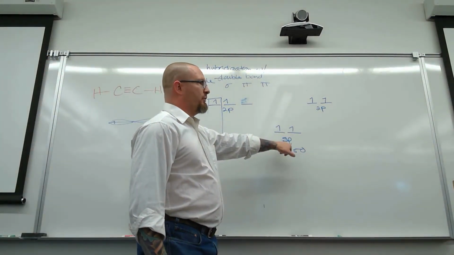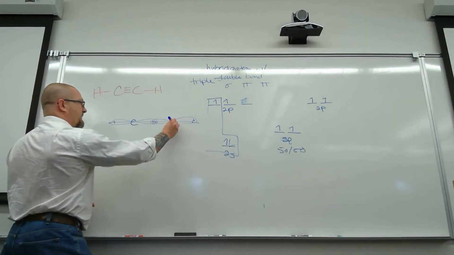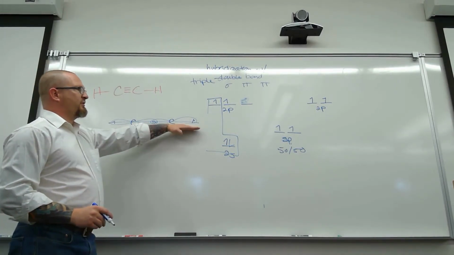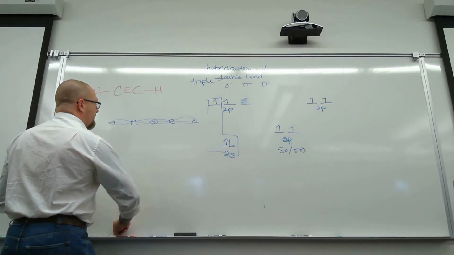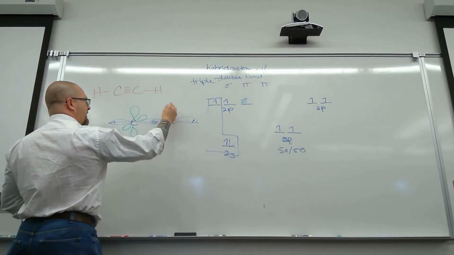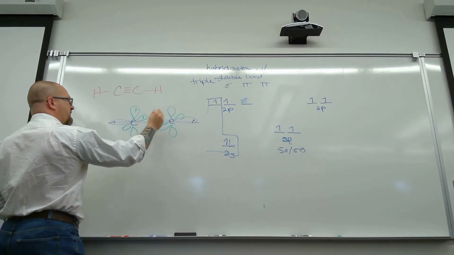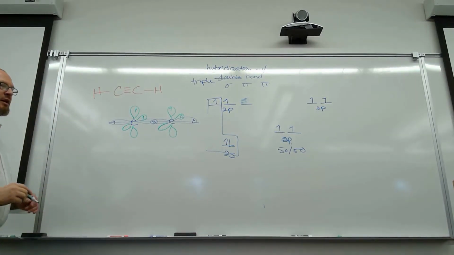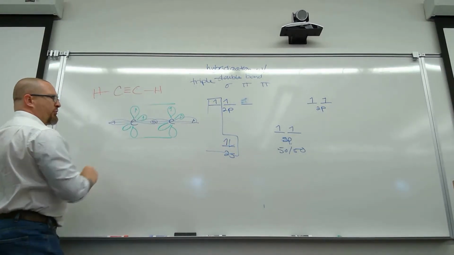For each carbon we have two sp. So this is carbon 1, this is carbon 2. This is the first pair of sp combining, and then we have an sp over here and an sp over here. And then each of these has a pair of non-hybridized p orbitals, each of which has an electron, and then they can share across that sigma bond with a pair of pi bonds.